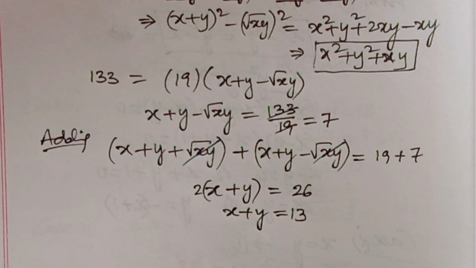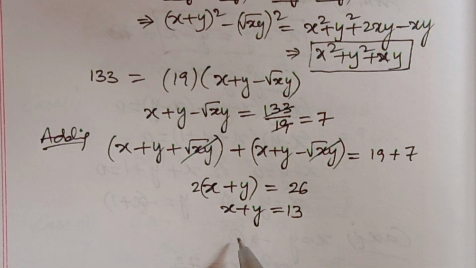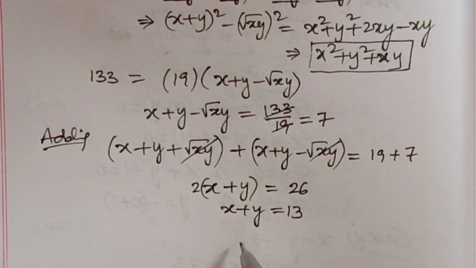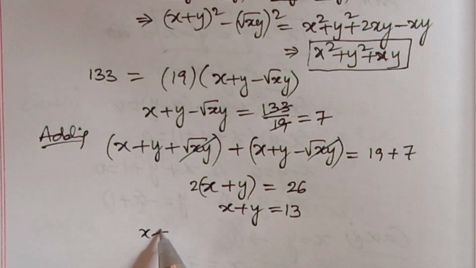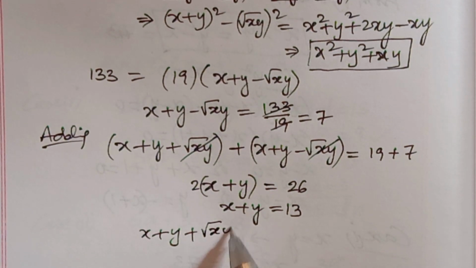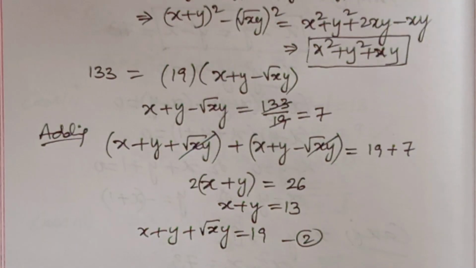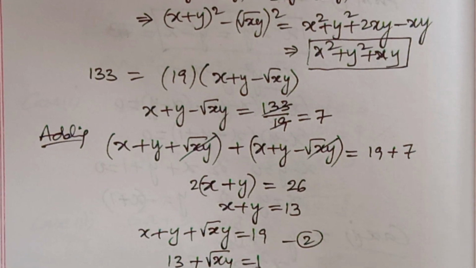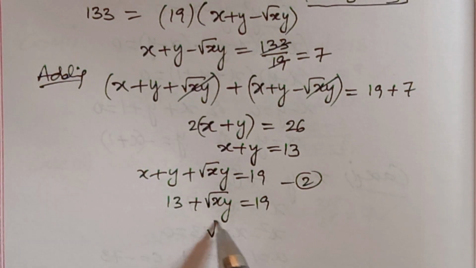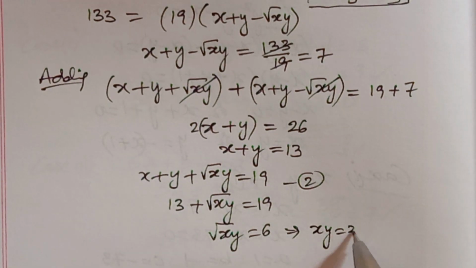If you substitute this in the second equation, x plus y plus root xy is equal to 19, so here 13 plus root xy is equal to 19. Root xy is equal to 6. xy is equal to 36.